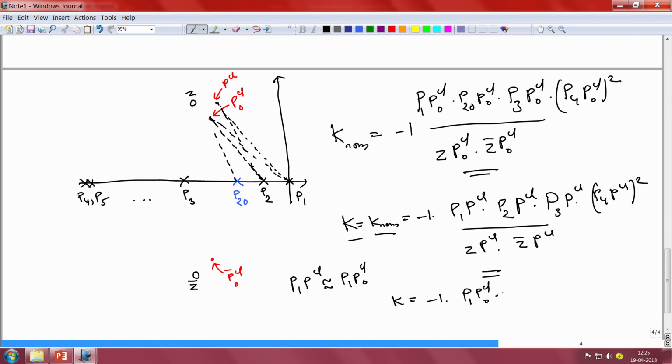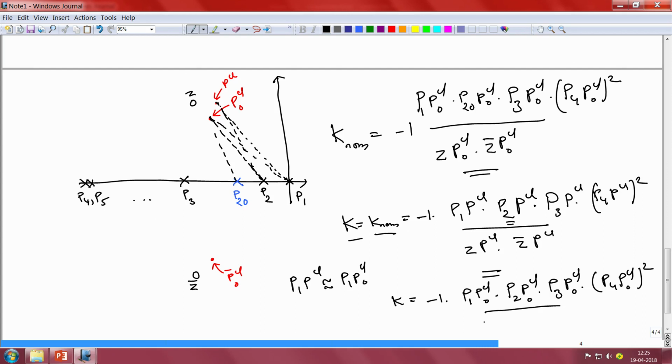Hence I can replace the second term in this expression, which is P2 PCL, with the term P2 PCL naught. Likewise, P3 PCL can be replaced by P3 PCL naught, and P4 PCL can be replaced by P4 PCL naught the square, and in the denominator we would have Z PCL.